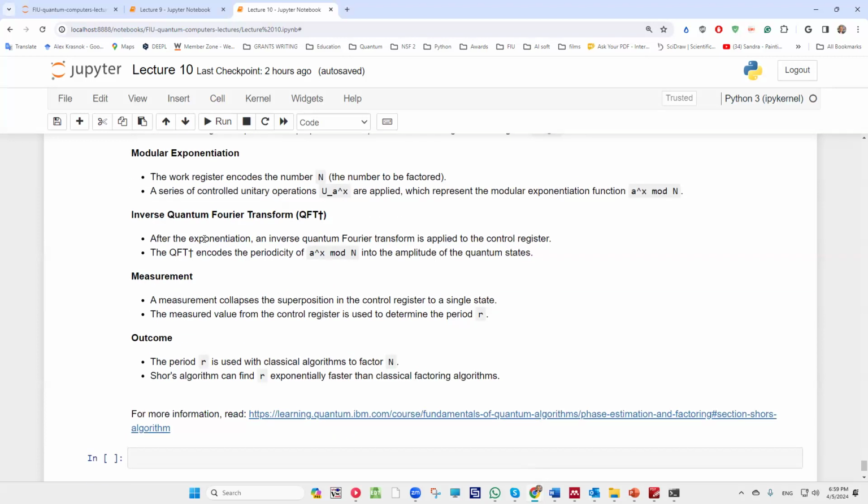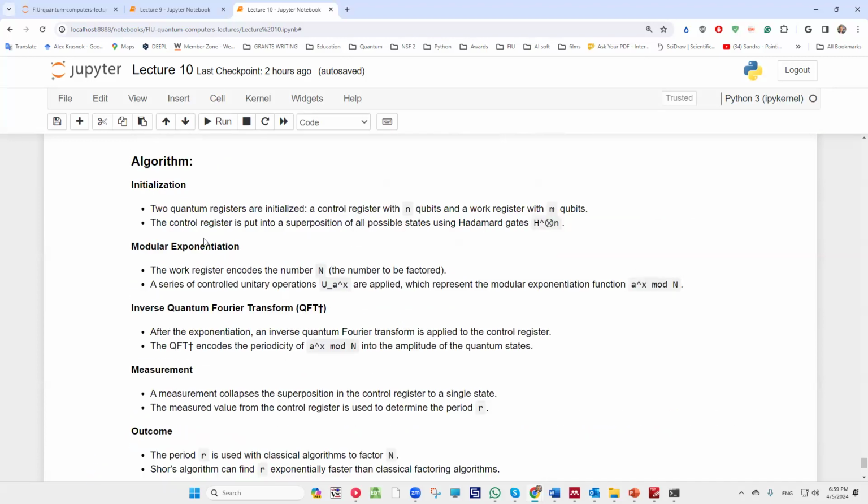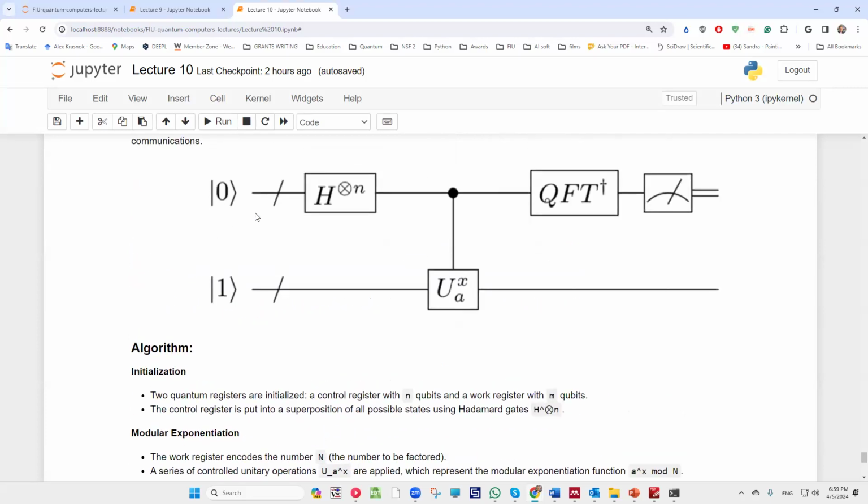I tried to write down these steps one by one, but in general, we start from the 0 state of n qubits. This line indicates the number of qubits, right? We apply the Hadamard to all of them, so we create the superposition state.